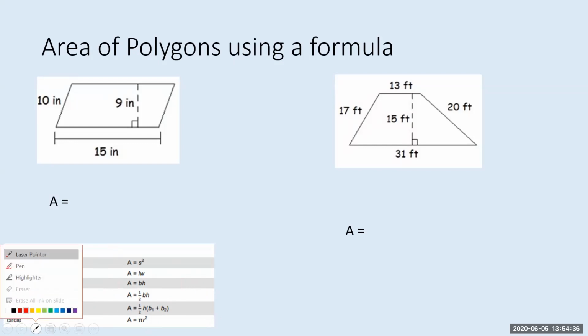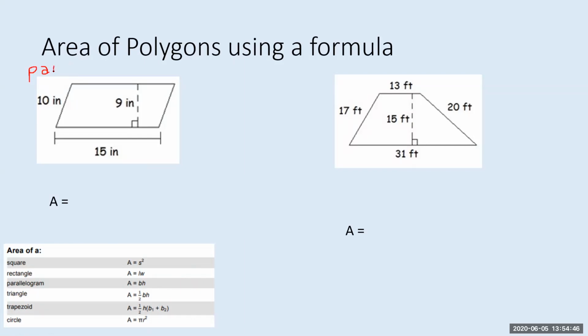So the first shape I have here on the left-hand side is a parallelogram. So a parallelogram is a 4-sided shape where opposite sides are parallel to each other. So it has 2 pairs of parallel sides. Make sure I spell parallelogram correctly while I talk at the same time.